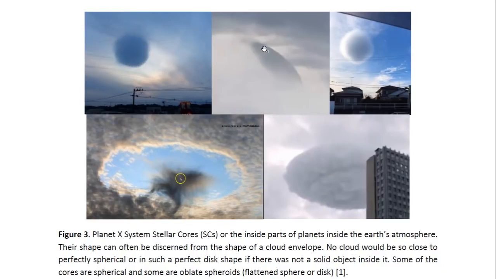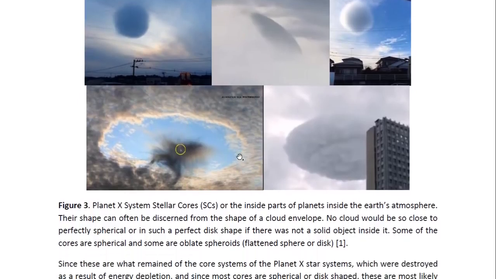And these are somewhat spherical, these three, because we can tell from the cloud envelope. The cloud envelope is almost spherical. And from this one, you can actually see the solid surface there. There is this break in the cloud here. And you can even tell that the cloud follows the same spherical shape as the surface of the object. It's not very thick. You can see it from the edge there.